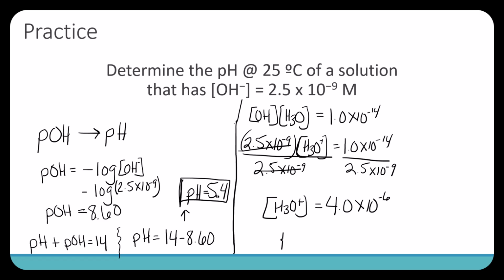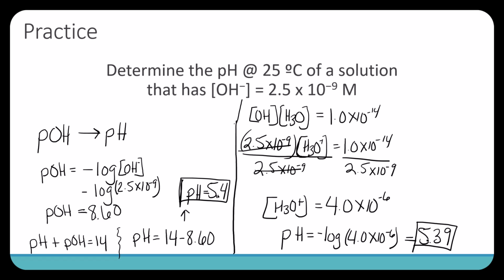Then I can type this into my pH equation. So take the negative log of this, and we get the same answer. I get 5.39, but 5.4, 5.39, same thing.